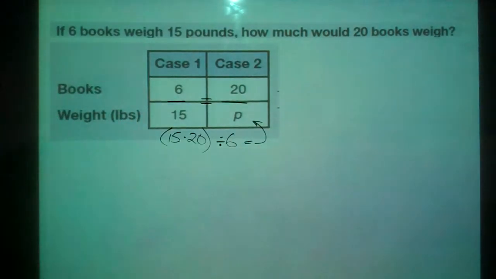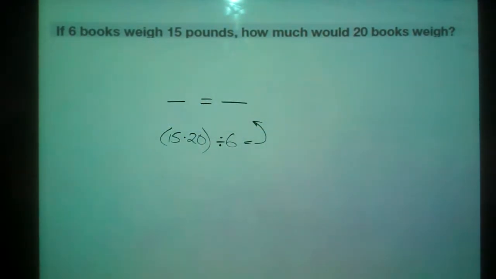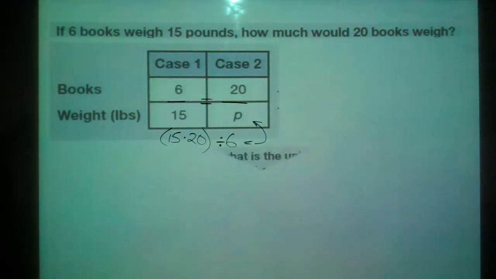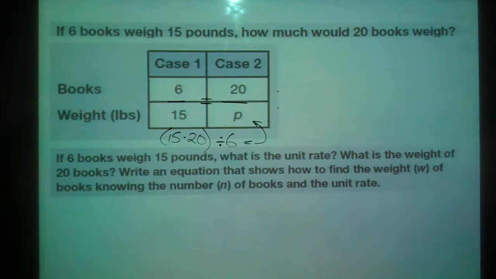Okay. The other way we could do it is to figure out the unit rate first. Okay, so that's the way to do it with proportions.